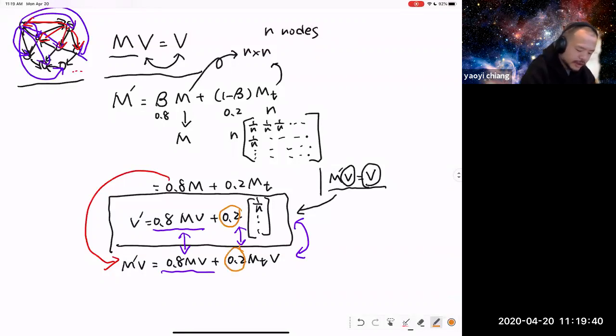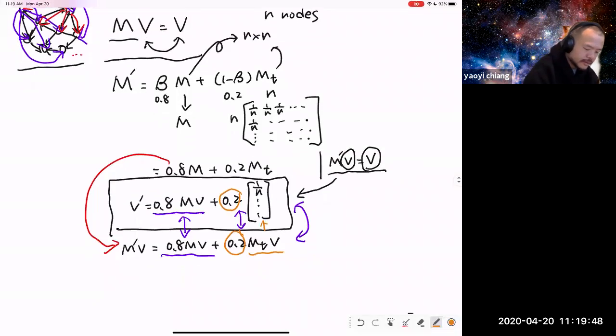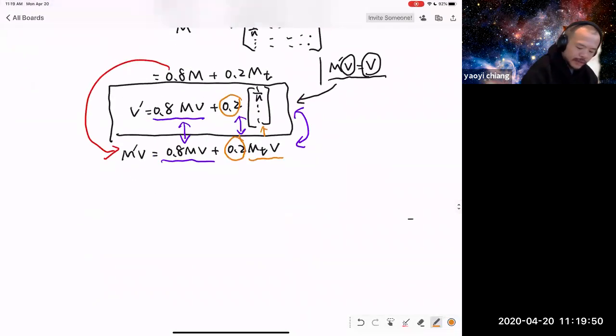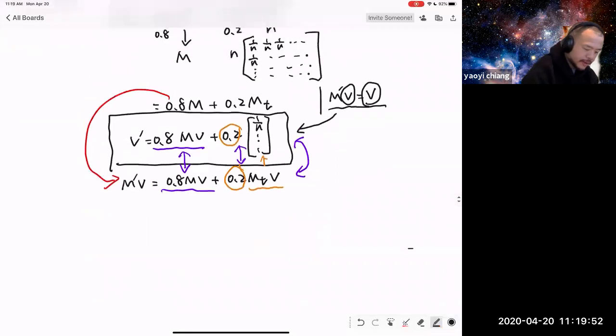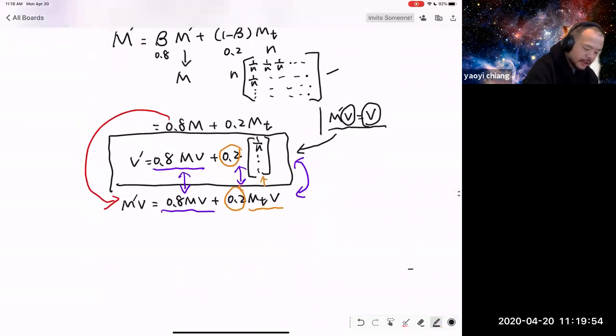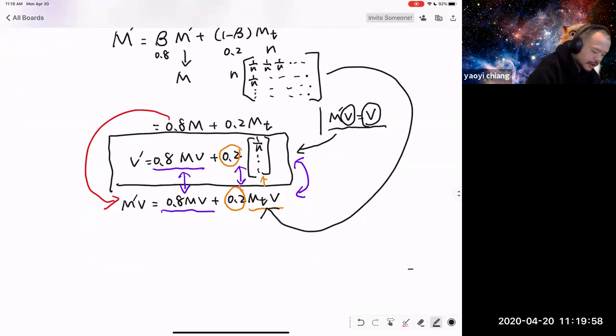So what we want to show is your MT times V would equal to this. What is your MT then? Remember, we have your MT here, right? So your MT is something like this.